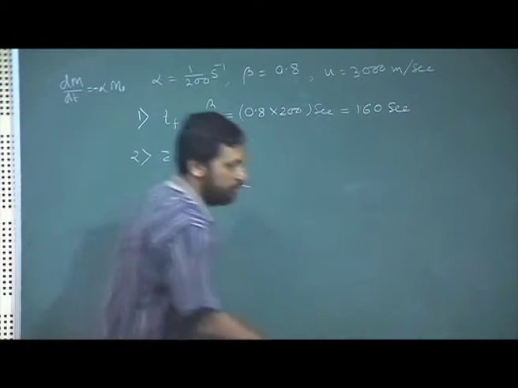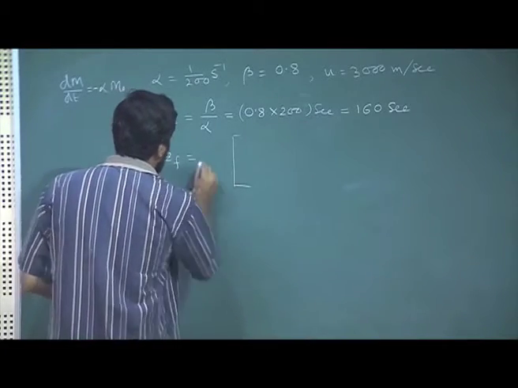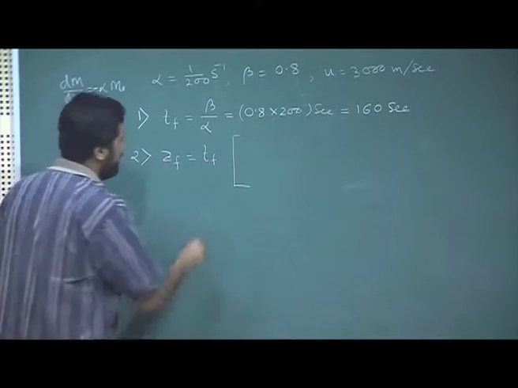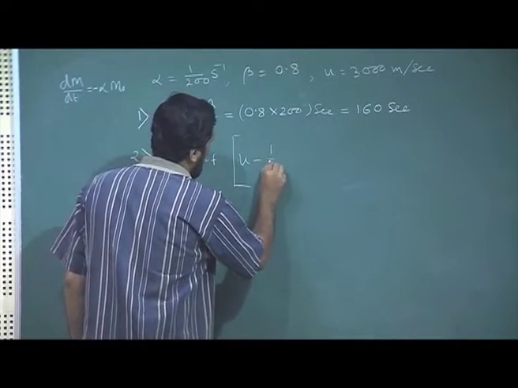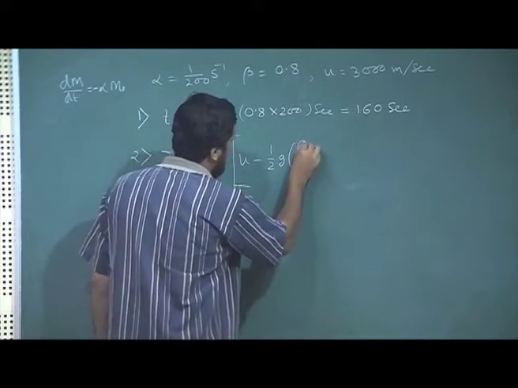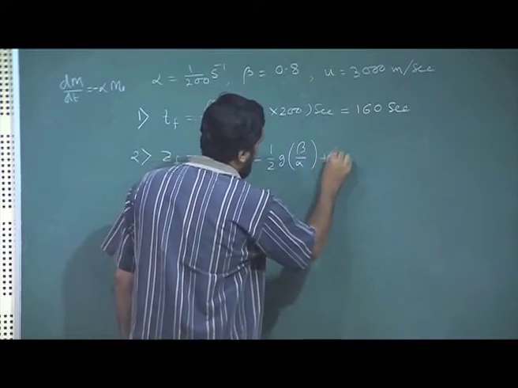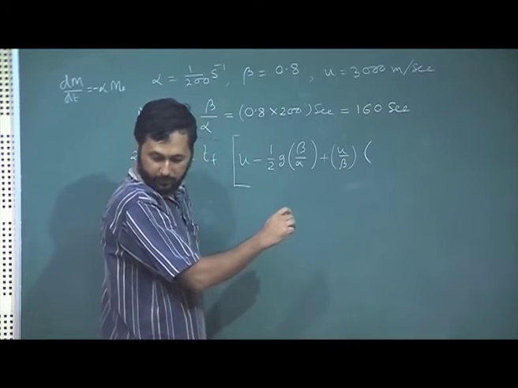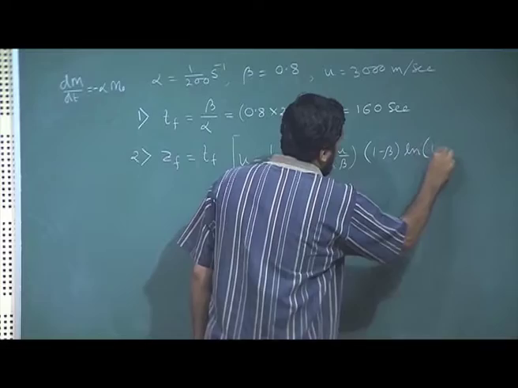So, what I can do is we can put Tf here, and multiply this, equal to u minus half g, again beta by alpha we have, okay, we will just keep it as beta by alpha, plus u by beta, 1 minus beta ln 1 minus beta.